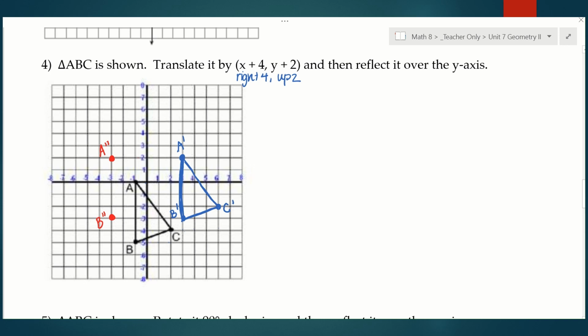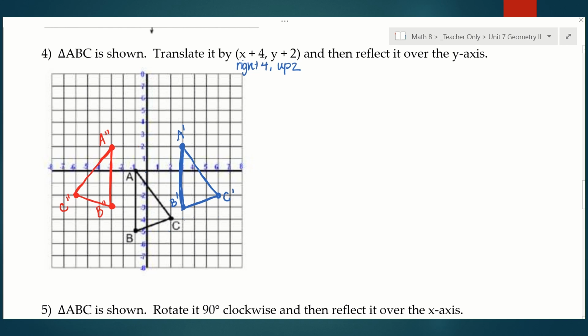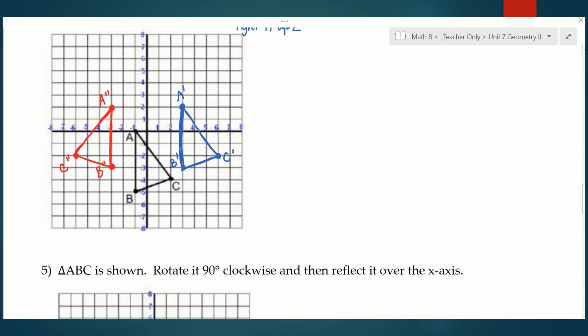And C prime is 6 away, so 6 in the opposite direction, makes C double prime right there. So there you go. Okay, and it doesn't have us writing any points, so we're all set with number 4.